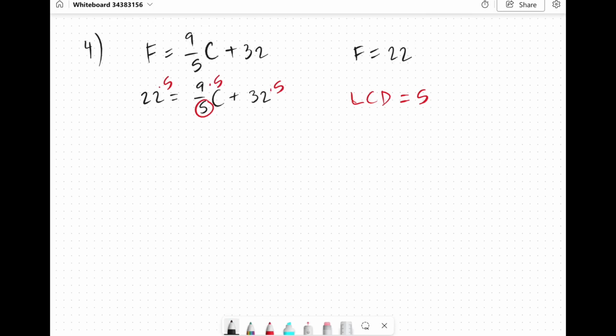So 22 is now going to be 110. 9 times 5 here will make me a 45 over 5 was the C. And 32 times 5 is 160. Of course, the whole point of us multiplying by 5 is so that the fractions can be gone. 45 divided by 5 here is a 9.